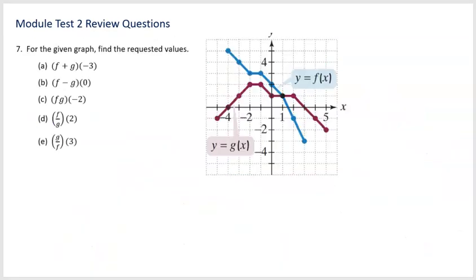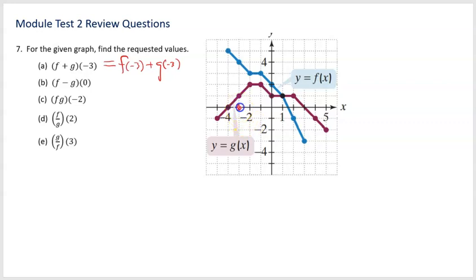Now for problem 7, I give you the two different graphs on one XY axis and ask you to find a lot of things. So F plus G of negative 3. Now by definition, that is F of negative 3 plus G of negative 3. Okay, so I need to find F of negative 3. And first of all, I need to find negative 3, right?